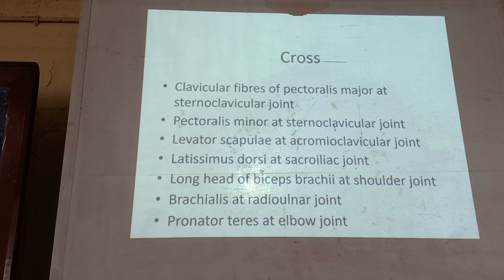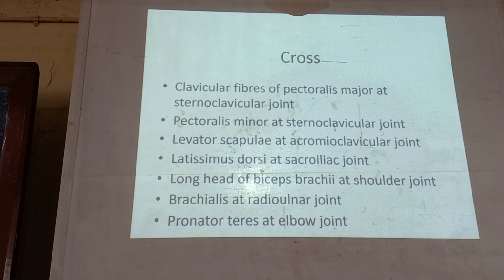Latissimus dorsi, sacroiliac joint. Few fibers of latissimus dorsi arise from the iliac crest, ilium, and insert on humerus. All fibers insert on humerus. How is ilium connected to humerus? Through synovial joints. Ilium to sacrum, sacroiliac joint. Sacrum to lumbar, lumbosacral joint. Lumbar vertebrae with each other, interlumbar joints.